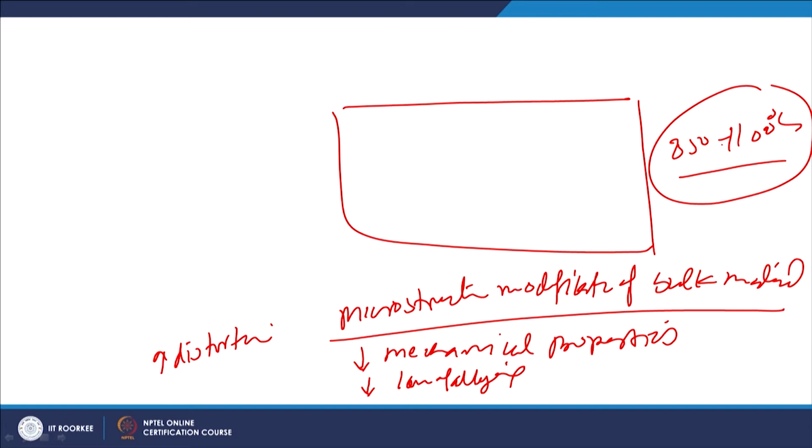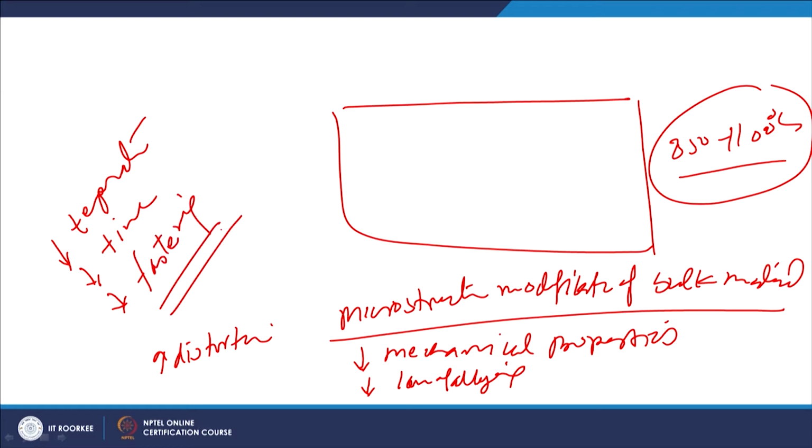So, it is preferred that we use those categories of processes wherein either a reduction in temperature is achieved, or a reduction in time of high temperature exposure is realized, or which will be speeding up the process or increasing the rate of diffusion.